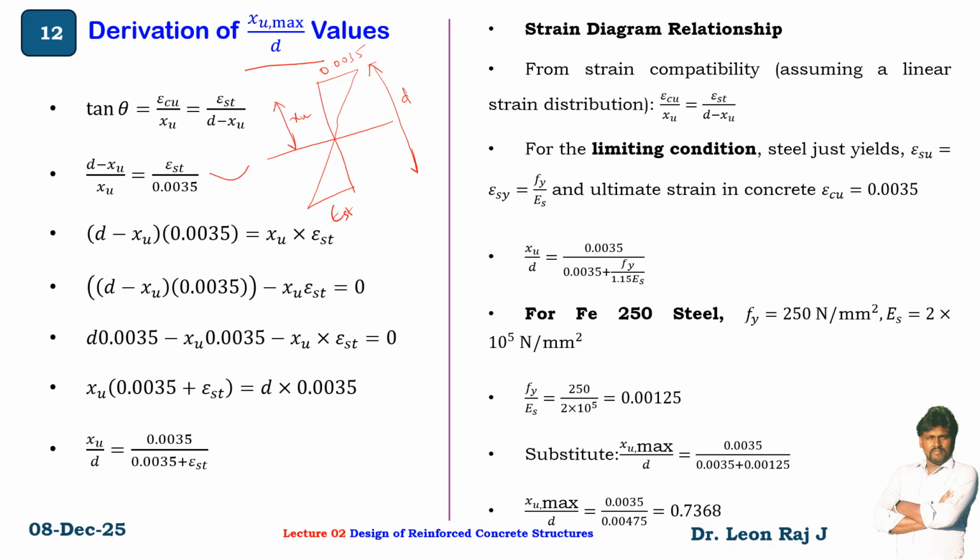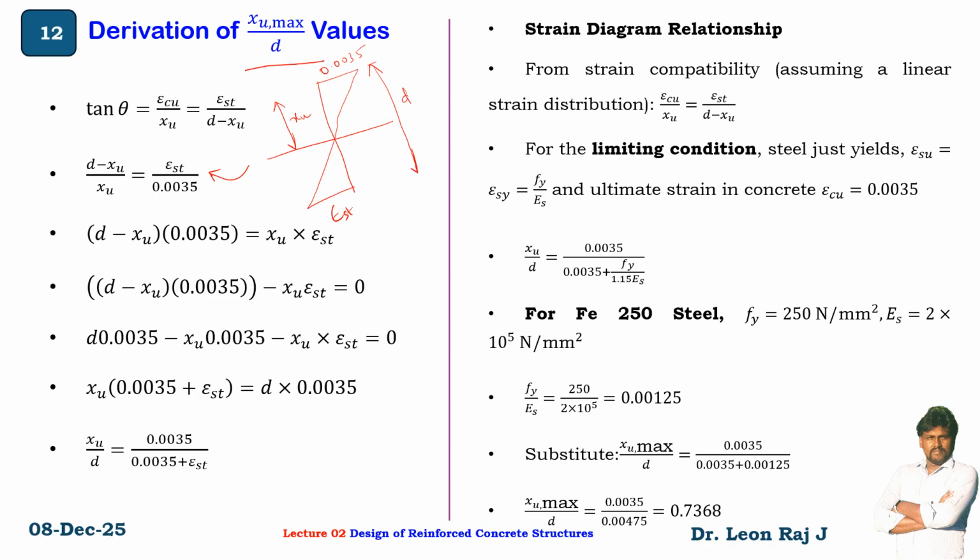So this is how epsilon st is arrived. So d minus xu equal to epsilon st into xu. That is, 0.0035 minus xu, epsilon st equal to 0.